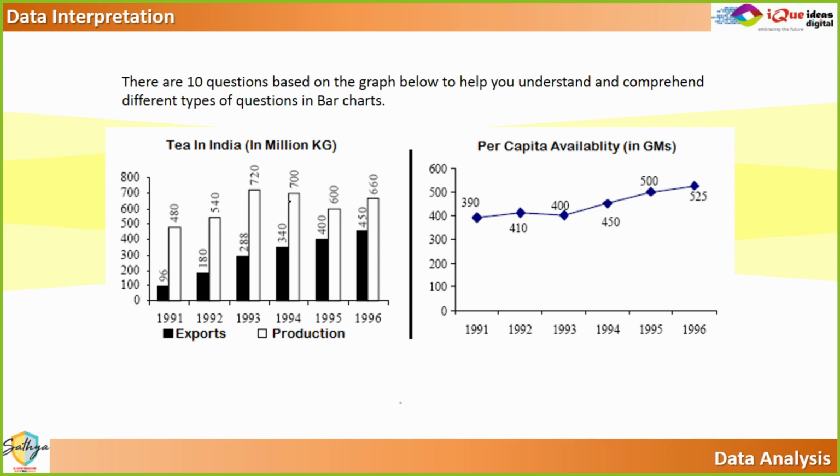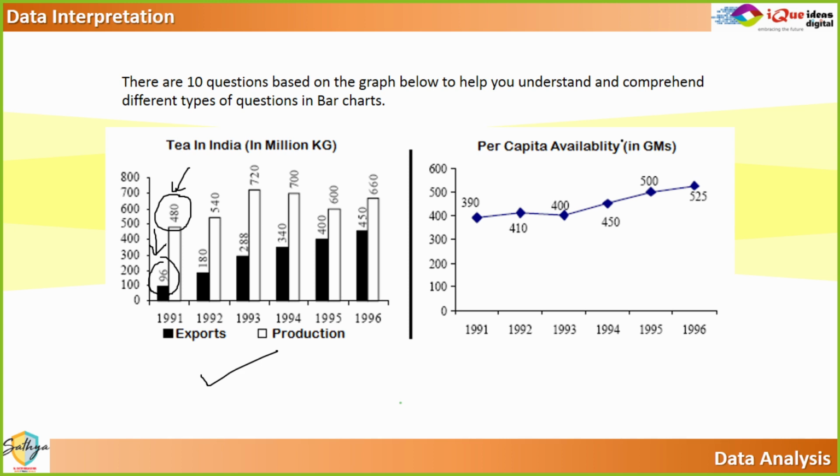It shows me what is the production in white and what is the export in black, right? So in 91, out of 480 million kgs production, 96 million kgs were exported, and that is the data in the left hand side table.